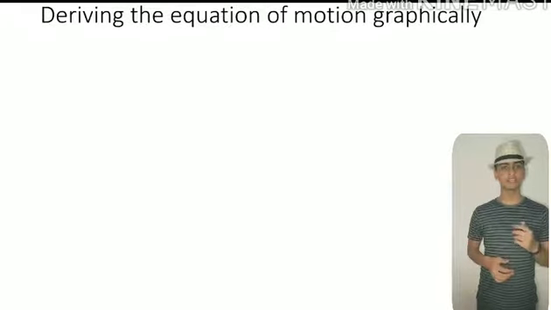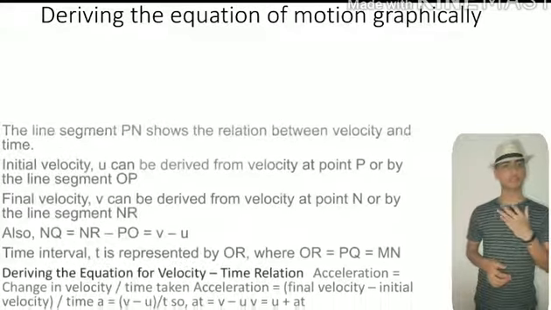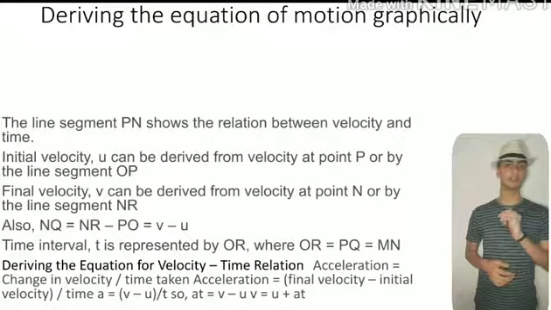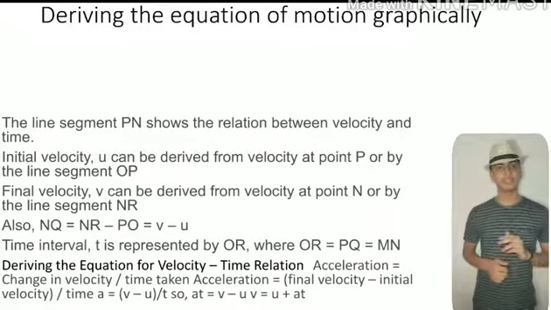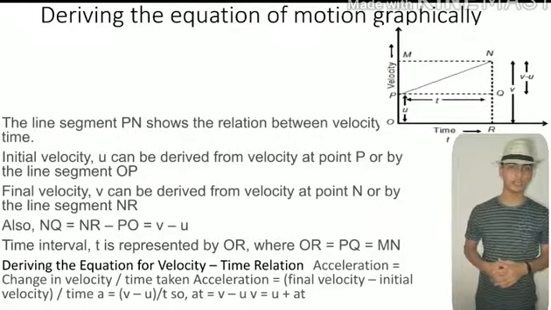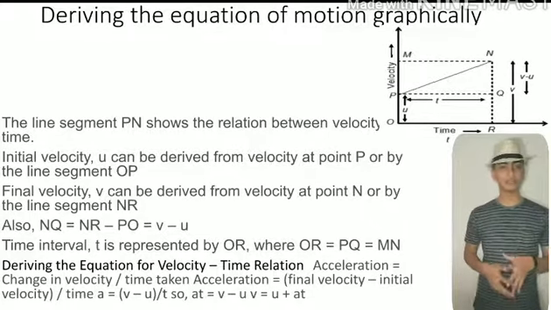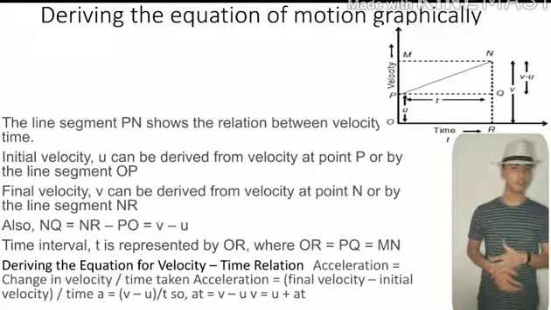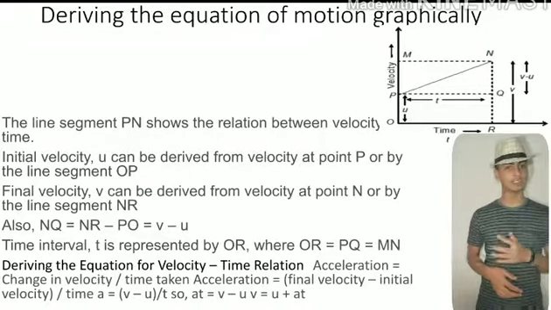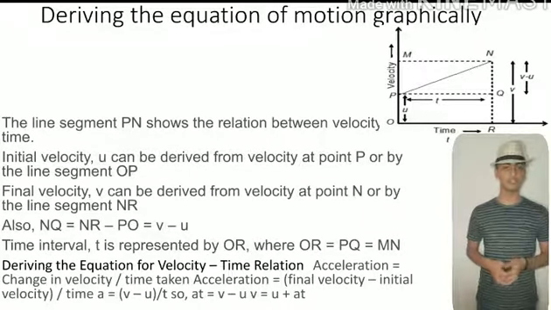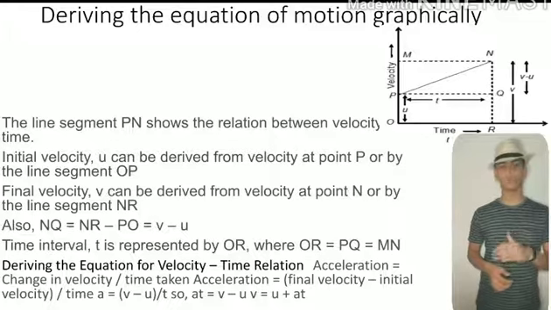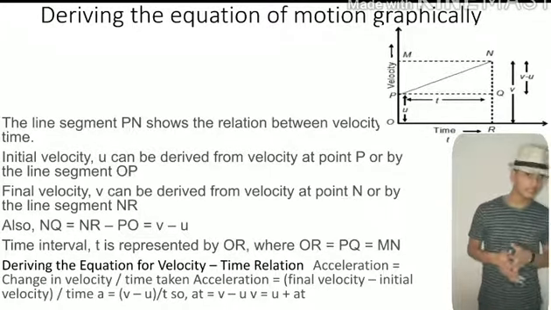Now let us derive the equations of motion graphically and see each one of them briefly. First, we can see this graph over here. Let us study the graph above. The line segment PN shows the relation between the velocity and the time. The initial velocity u can be derived from the velocity at point P, or the line segment OP.